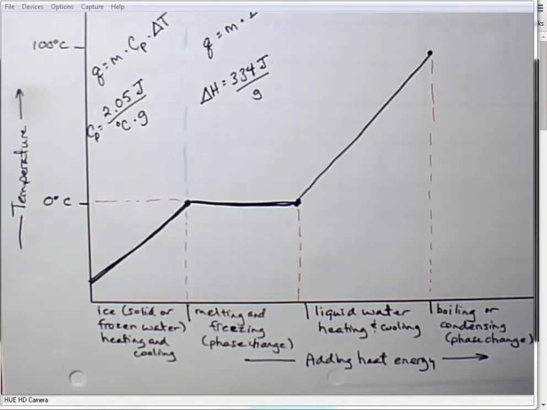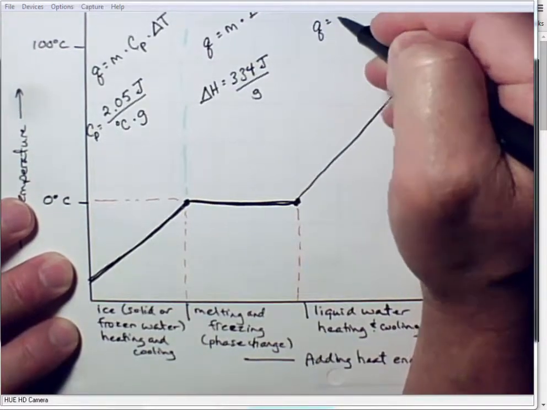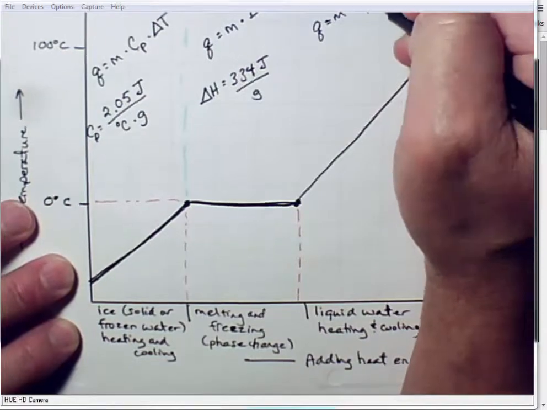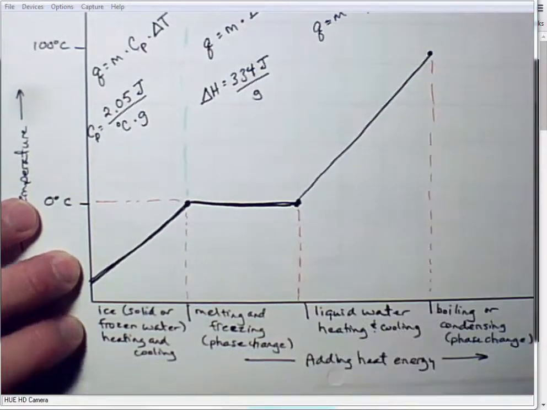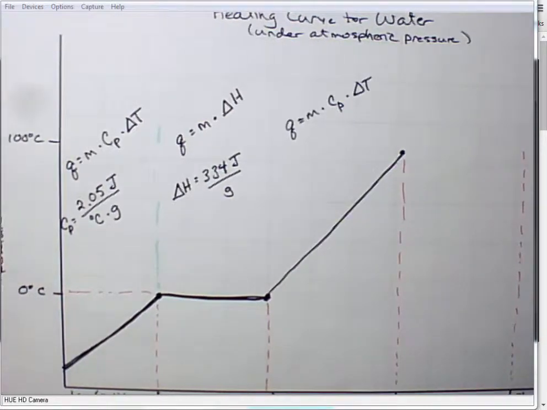Now, as long as we're changing the temperature, what equation can we use? The first one. Q equals mass times specific heat times the change in temperature. Yeah, we can do that.